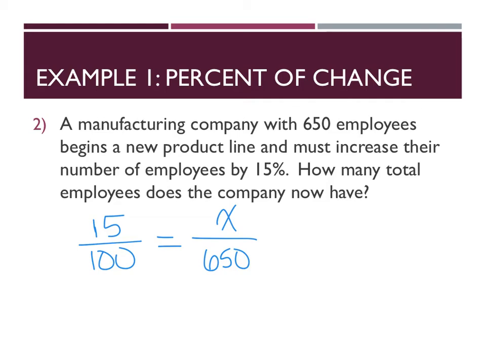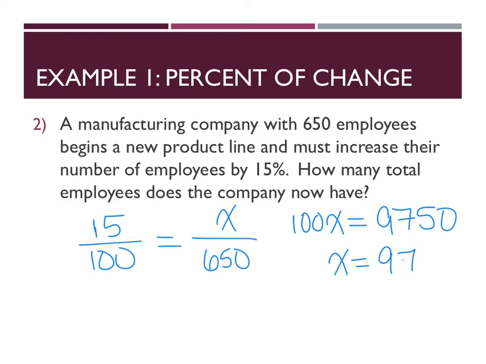Okay, we're going to go ahead and solve. So 100x equals 15 times 650 gives me 9750. Divide by 100, and we get that x is 97.5.